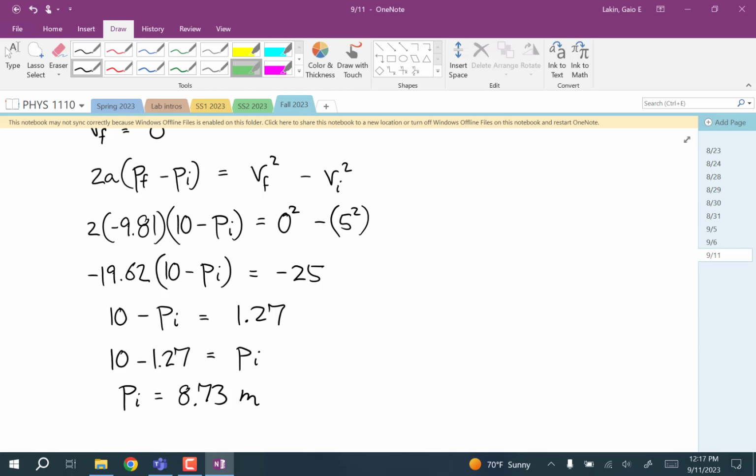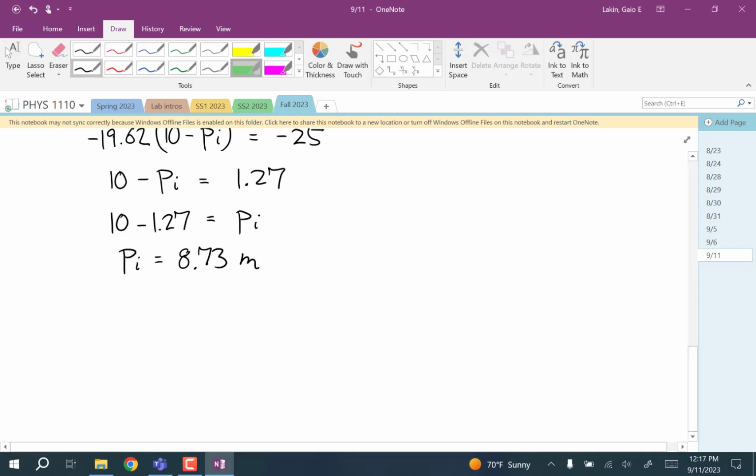Any questions about that? Let's do one more part of this. Let's calculate how long it takes. So that's the elapsed time from when it's thrown to when the ball hits the ground.